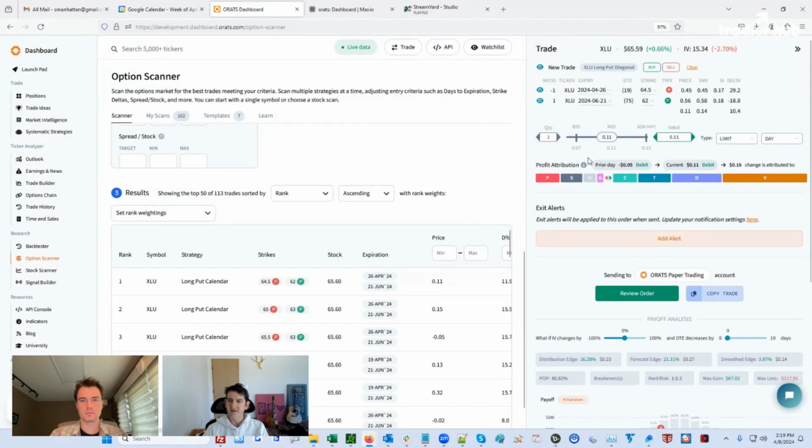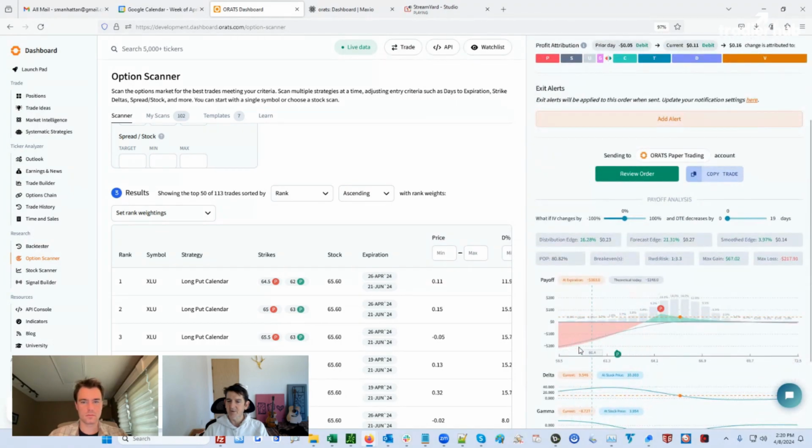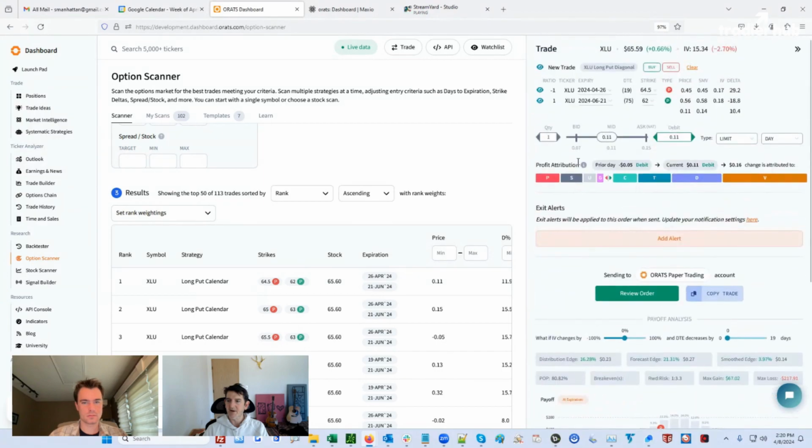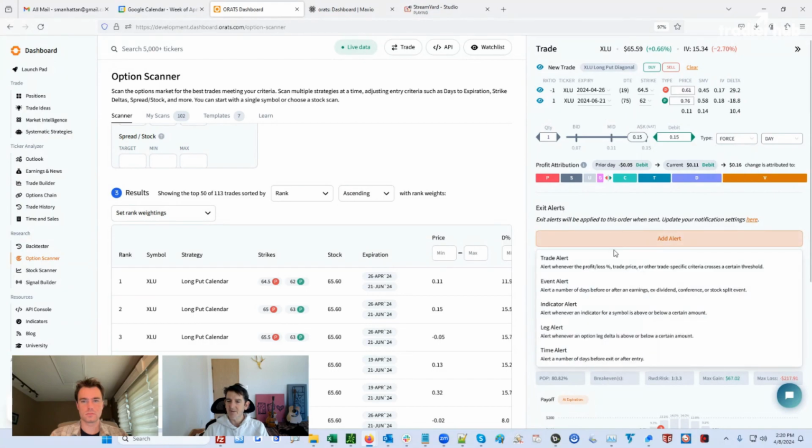You're only paying 11 cents, 64.5. Similar payoff picture and similar everything else. It's 14 cents of edge, so we're probably going to have to pay more than that. We'll pay the offer on this one, and we'll add some alerts here.